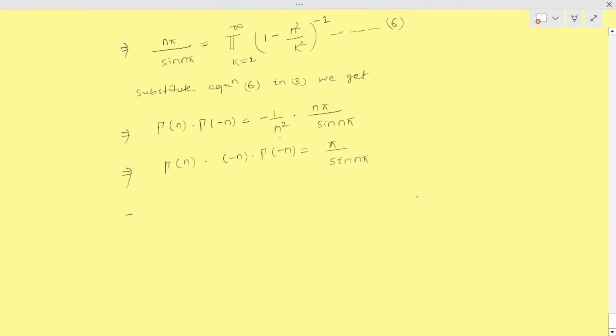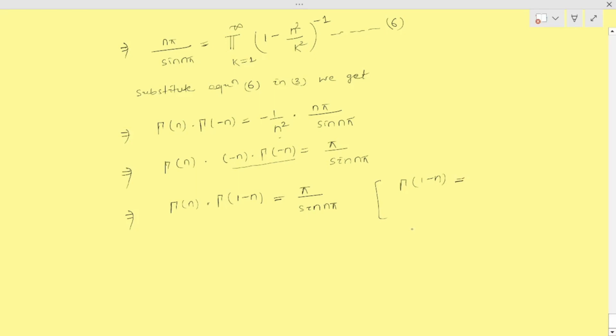Now this minus n gamma minus n can be written as gamma 1 minus n. Here minus n into gamma minus n is nothing but gamma 1 minus n, which will be equal to pi by sine n pi. So here you can see gamma 1 minus n, how it is minus n into gamma minus n.